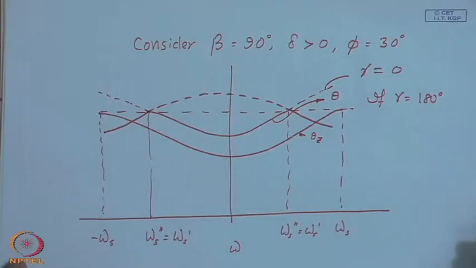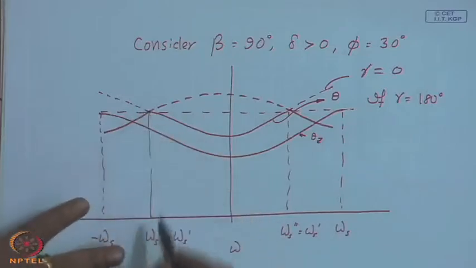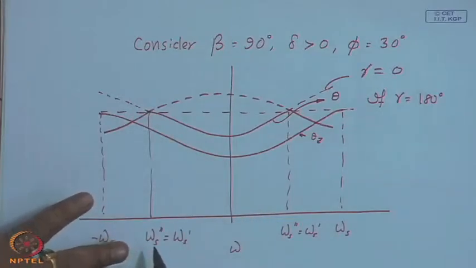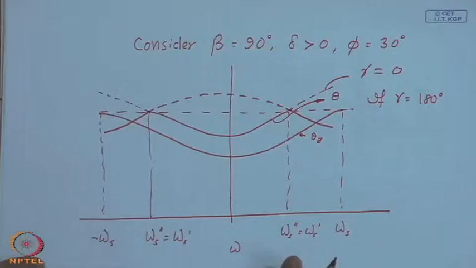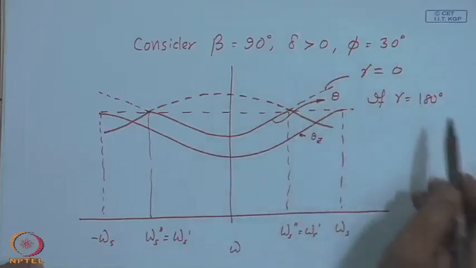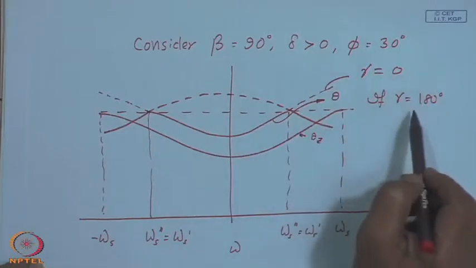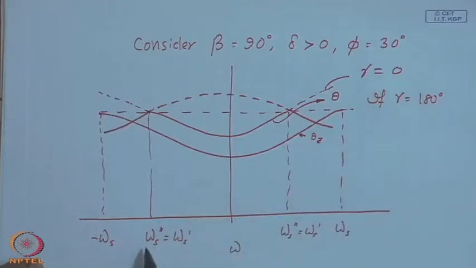One can set down gamma is equal to 0 and calculate it south facing, then set gamma is equal to 180 degrees. It will be only cos gamma will become a minus 1, and you will find that again you will get the same number, right, omega s double prime when you calculate for gamma is equal to 180 with delta same number, and with gamma 0, you will get the answer as same number, right.